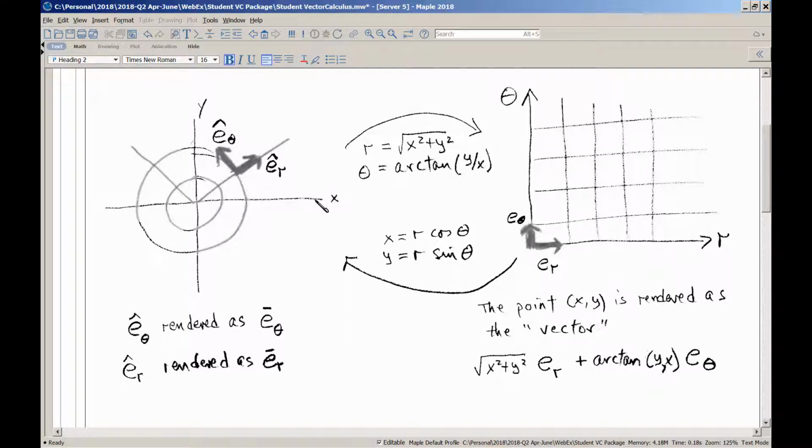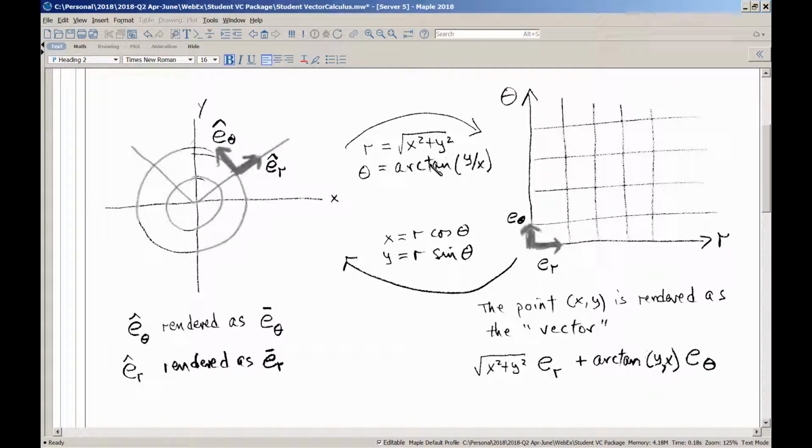Okay, this is a little patch of the Cartesian plane, xy, and I have superimposed the polar coordinate curves, circles, concentric circles, and radial lines. And this vector er and e theta are the unit vectors along those coordinate curves. Now, these formulas are familiar.